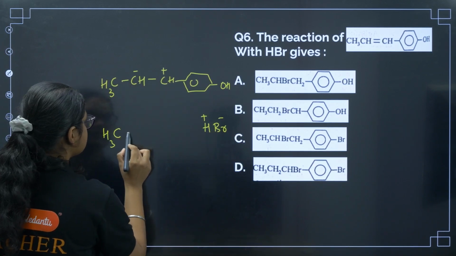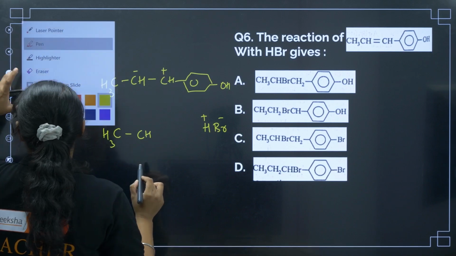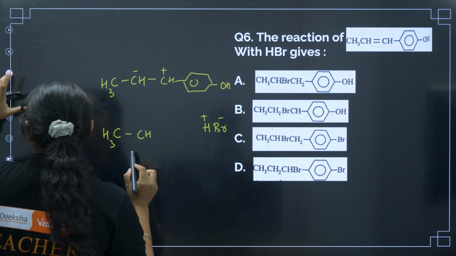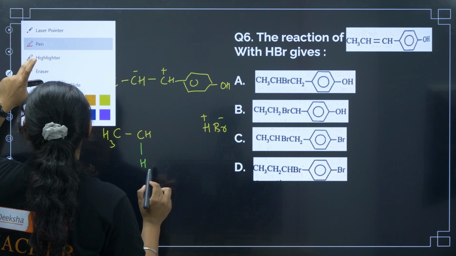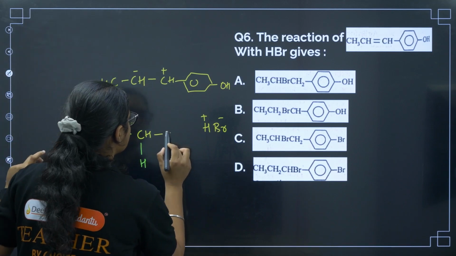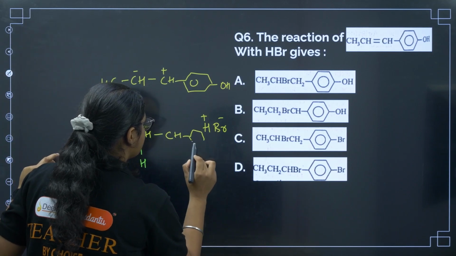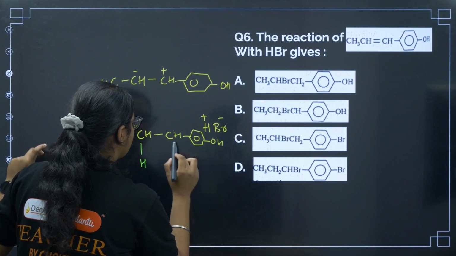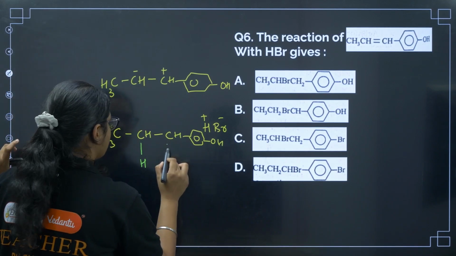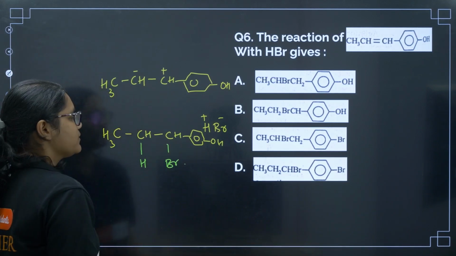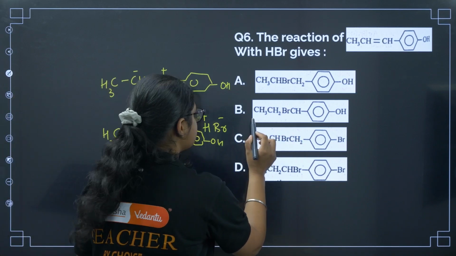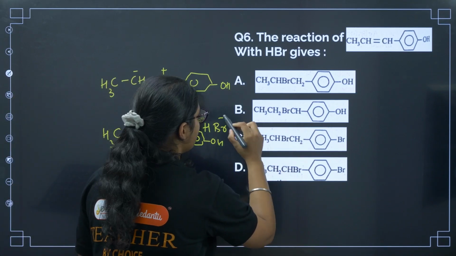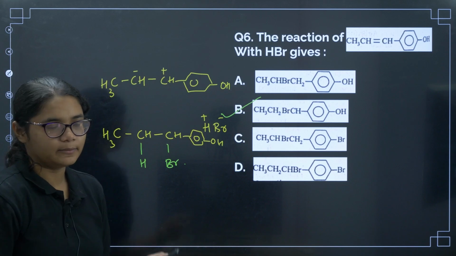So we will get CH3CH, to this the H will be attached, and then to the benzyl carbocation we will have this CH, then the phenol group OH, and to this one we will have the Br group. So the correct answer for this question will be option number B. You can see CH3, CH2, CHBr, OH, that is option number B.